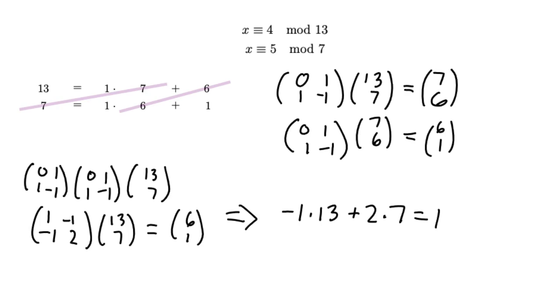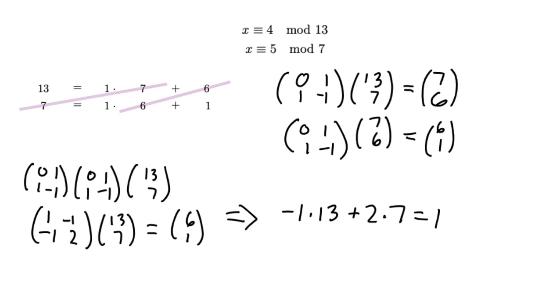What's the quotient? It's 1. The remainder is 6. Then we take the 7 and 6. We're not going to reuse the quotient on the next line, but we're going to use these quotients in just a second. On the second line we have 6 divided into 7 is 1, remainder 1.